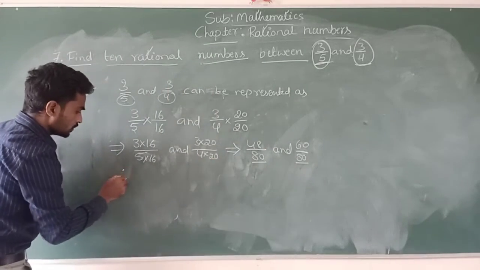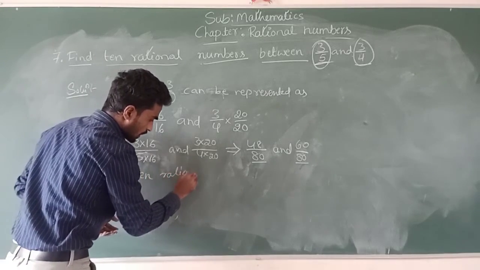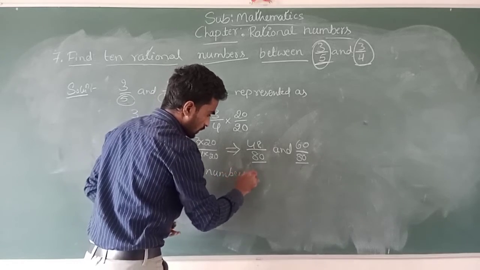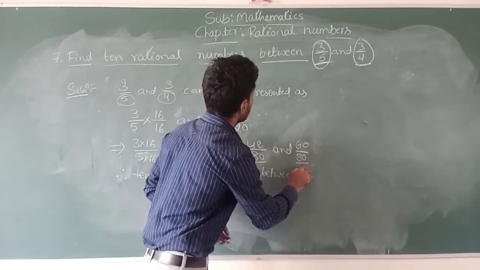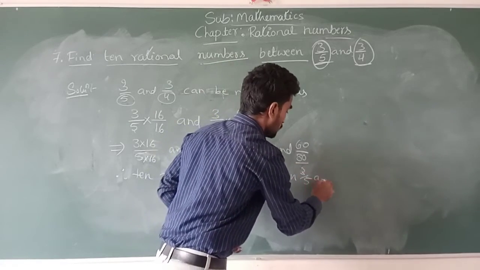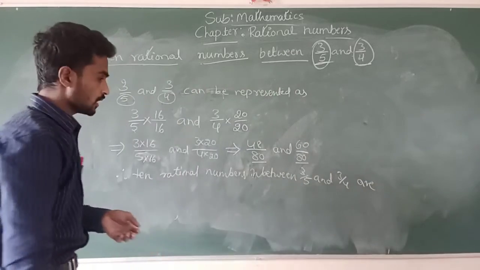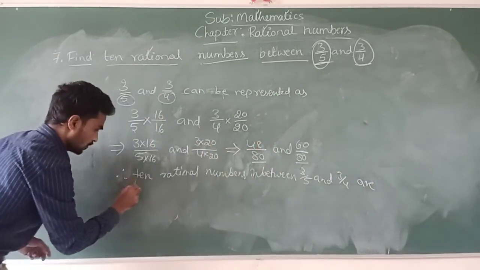Now therefore 10 rational numbers in between 3 by 5 and 3 by 4 are: after 48 next number is 49.